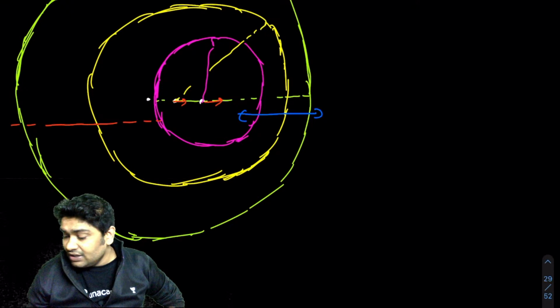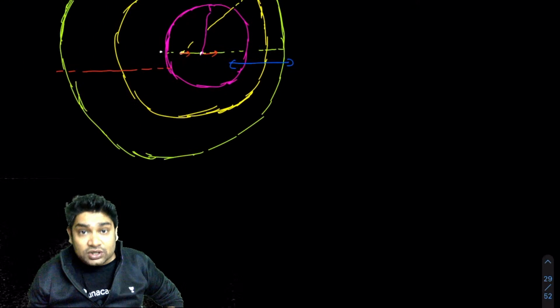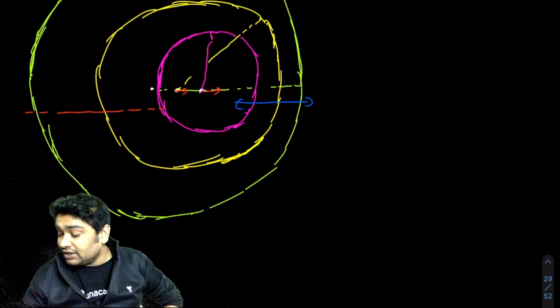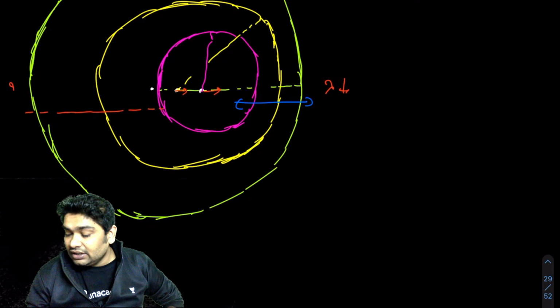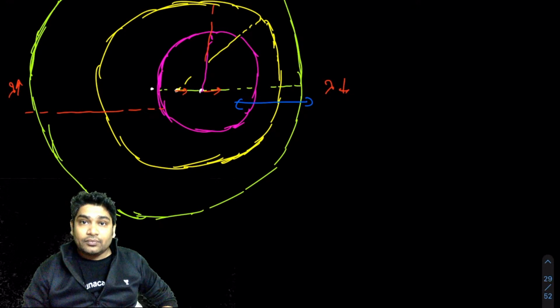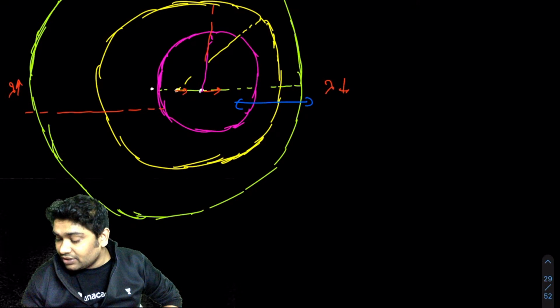So that is what is happening when a source is moving. The lambda in this direction decreases, lambda in this direction increases, lambda in the perpendicular direction remains unchanged.